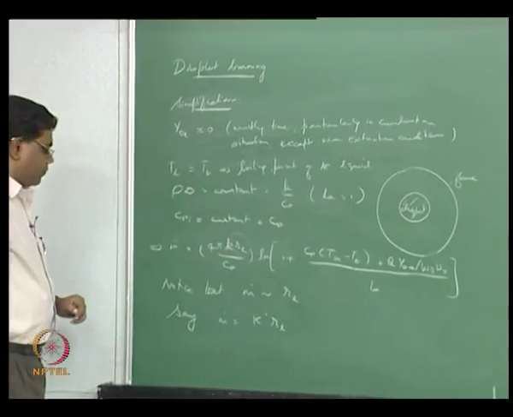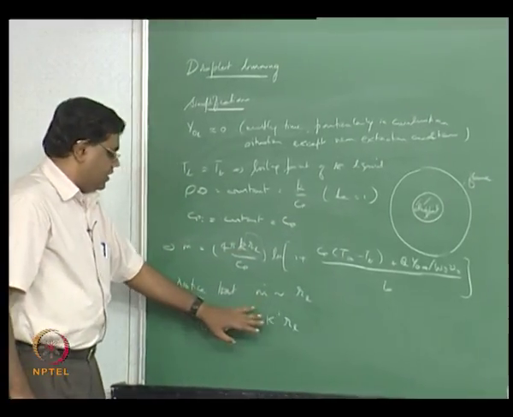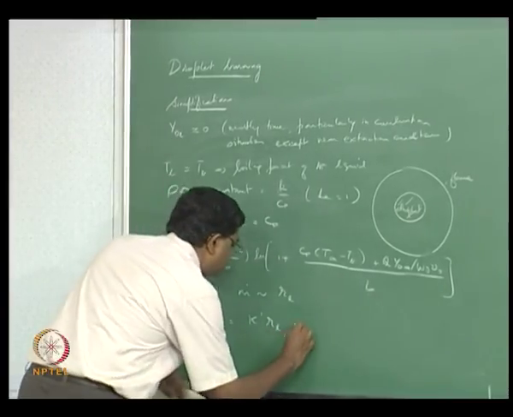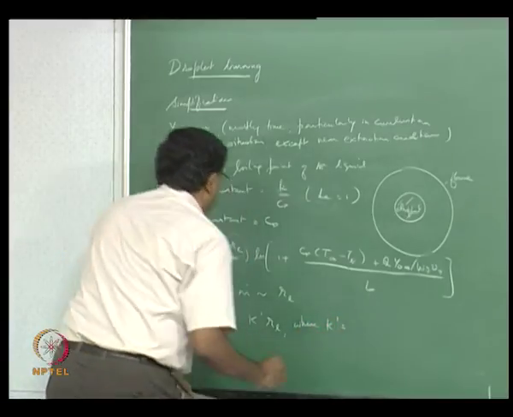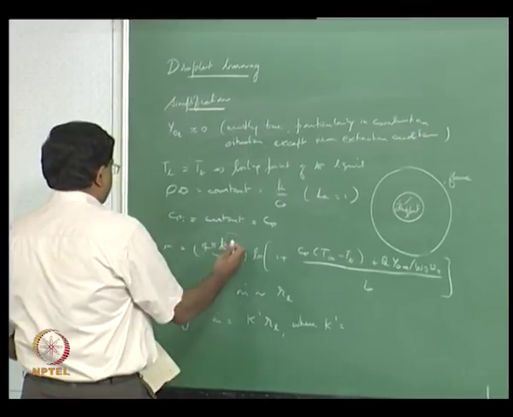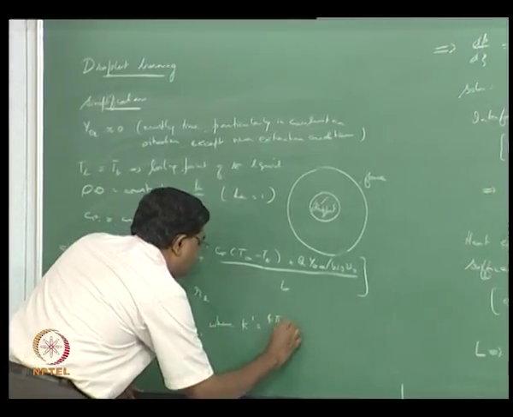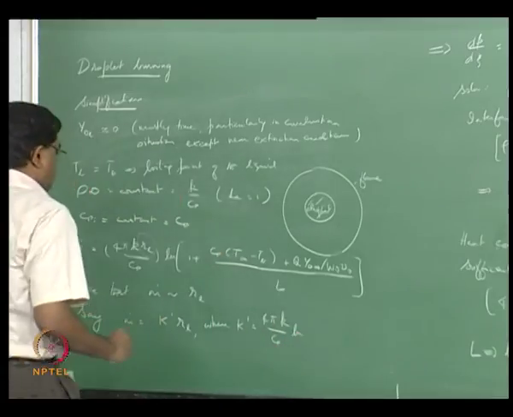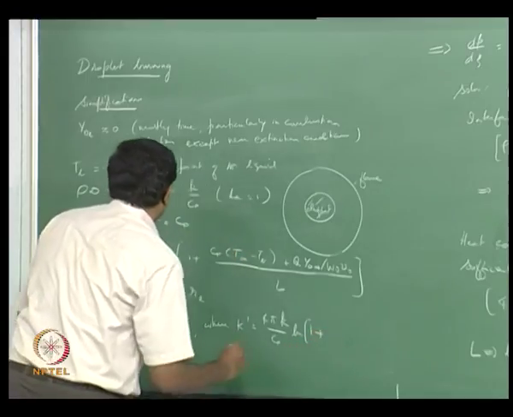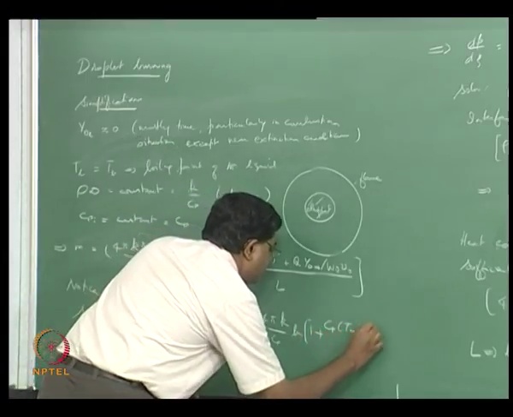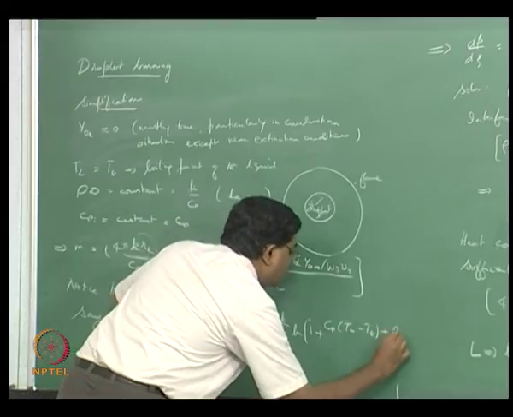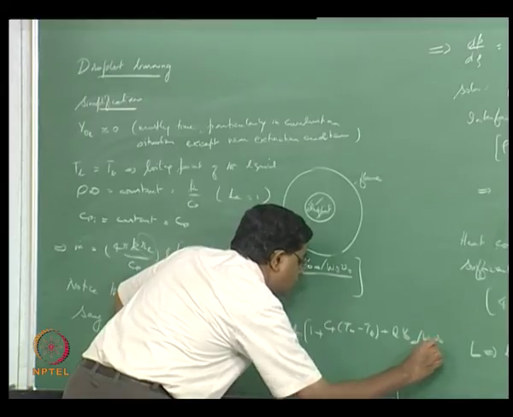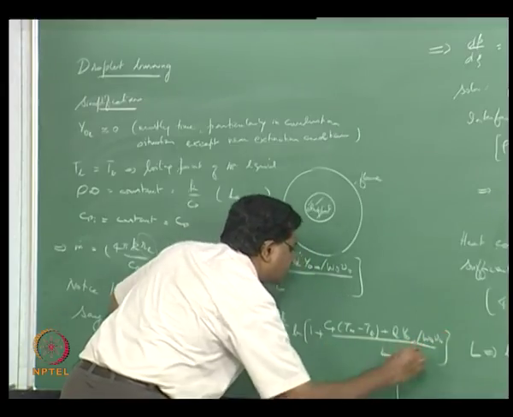So we want to know what the k is, and so we now keep this as a k prime, where k prime is equal to, except RL, we have to write everything else, which is 4 pi k divided by Cp, natural logarithm of 1 plus Cp (T infinity minus Tb) plus Q Y_O infinity divided by W_O nu_O, divided by L.